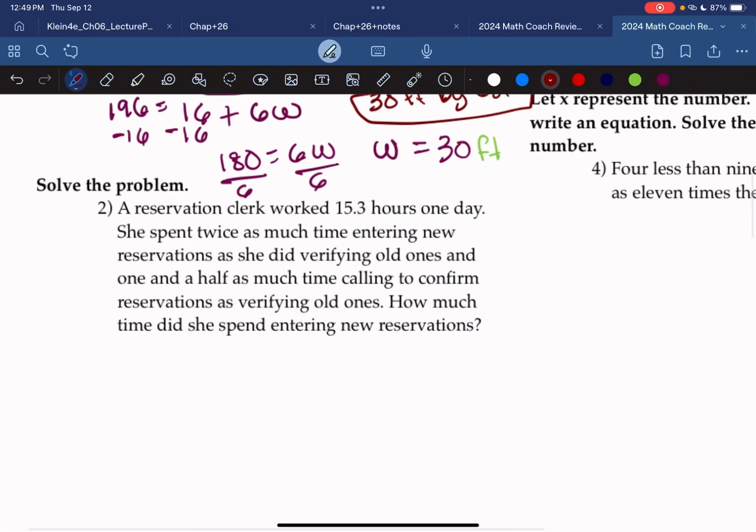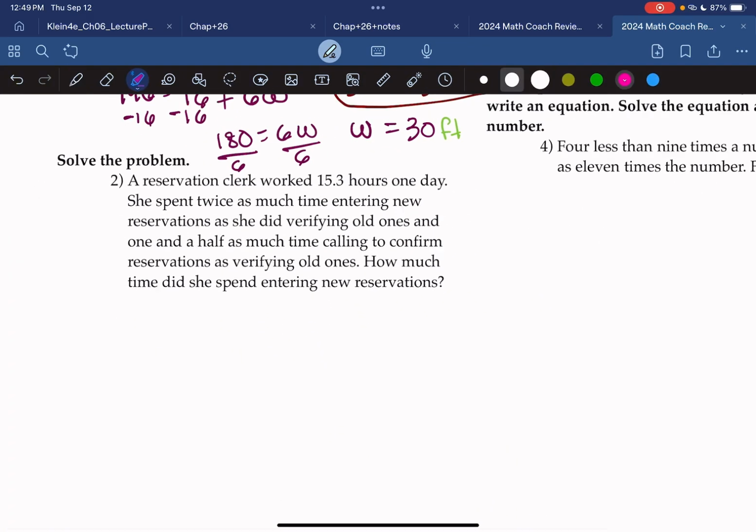Okay, number 2. A reservation clerk worked 15.3 hours one day. She spent twice as much time entering new reservations as she did verifying the old ones, and 1.5 as much time calling to confirm reservations as verifying old ones.